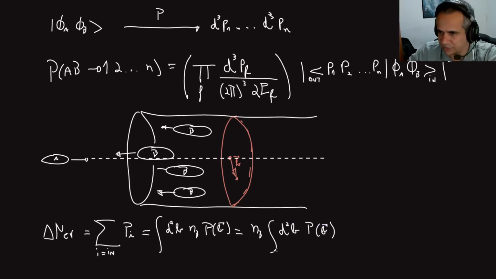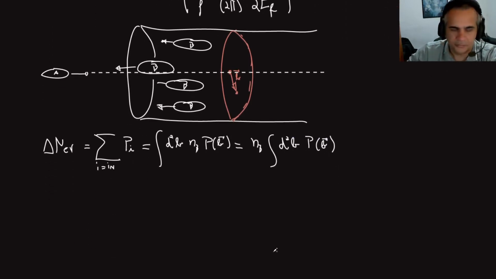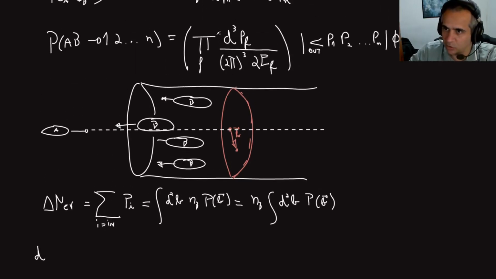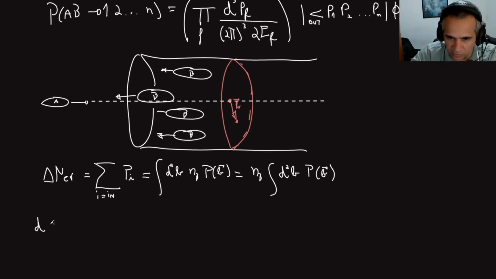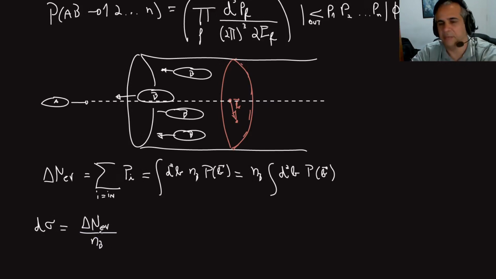And then the cross section, right? As I defined before, the cross section, and this is dσ because I'm not taking the total cross section, right? I'm taking a narrow window of momenta, so that is not the total cross section. This is just a small part of the cross section. I have to integrate all over. It will be this number of events divided by the area, right?